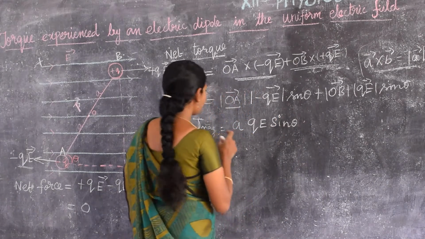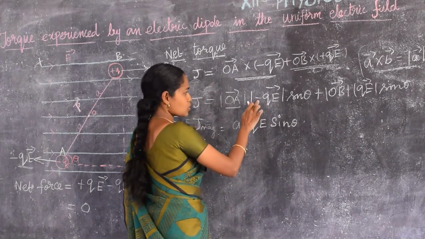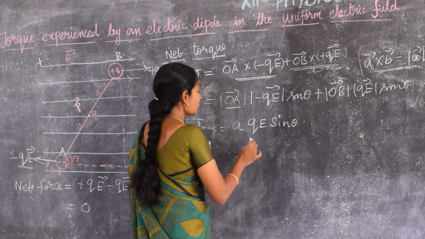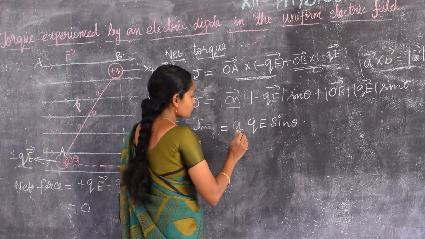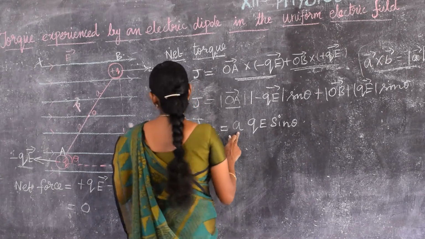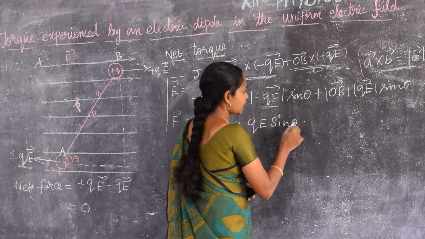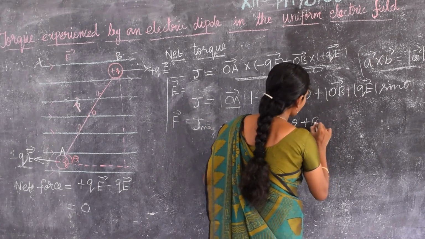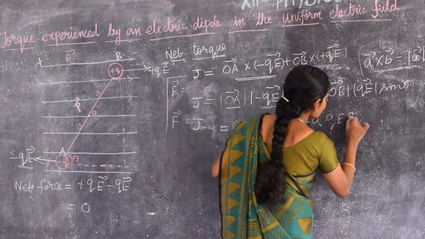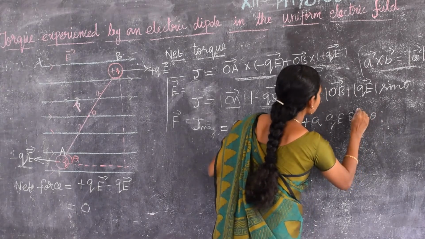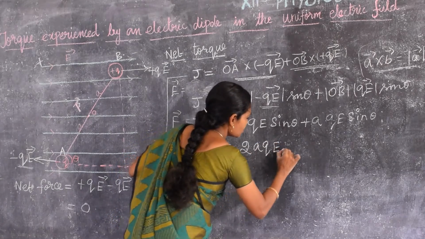Here we write the magnitude only; whether it is positive or negative, we need not write the sign. What is the value of OB from this diagram? It is a. So qE sin theta. We write the magnitude value only. Adding these two, we get 2a qE sin theta.